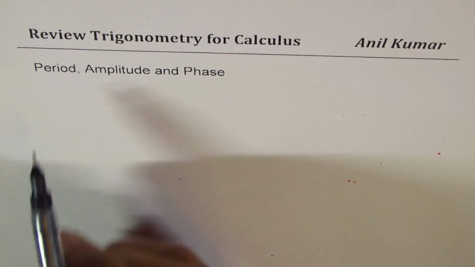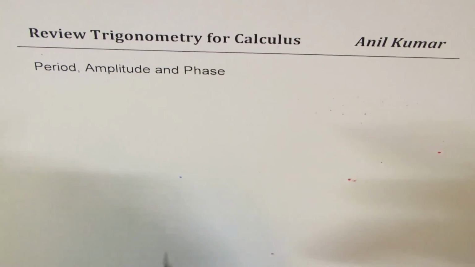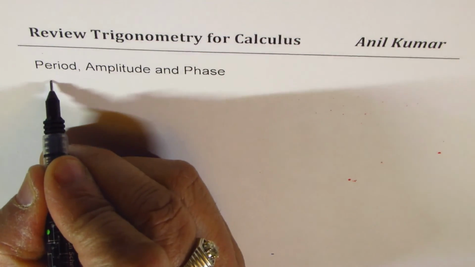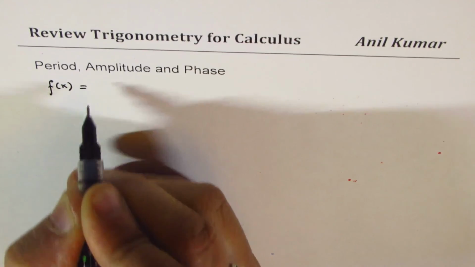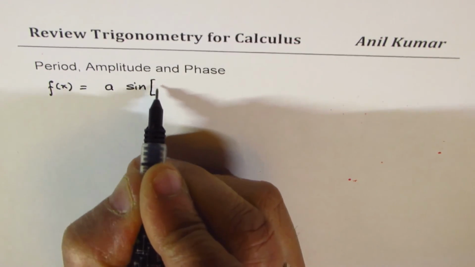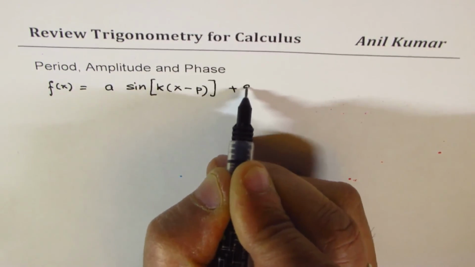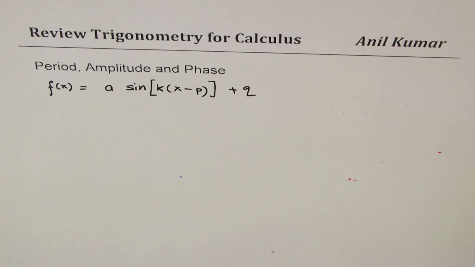Now let us review period, amplitude, and phase for a sinusoidal function. So in general, we can write the function f of x as equal to a times sine of k x minus p plus q, right? So that is in general the sinusoidal function.